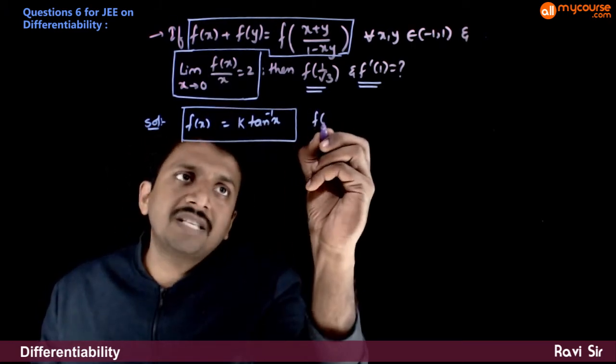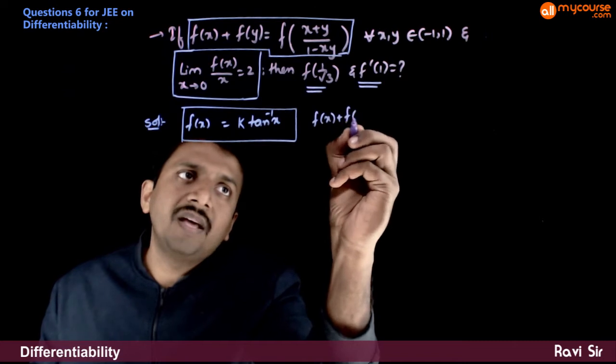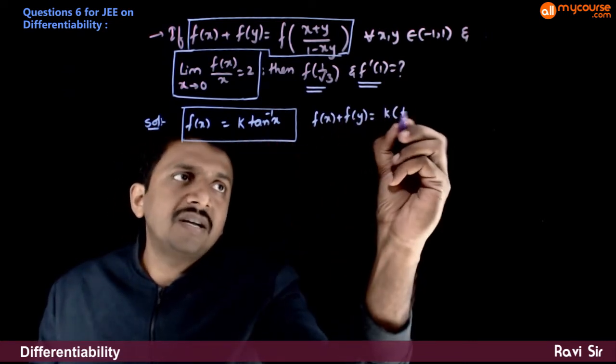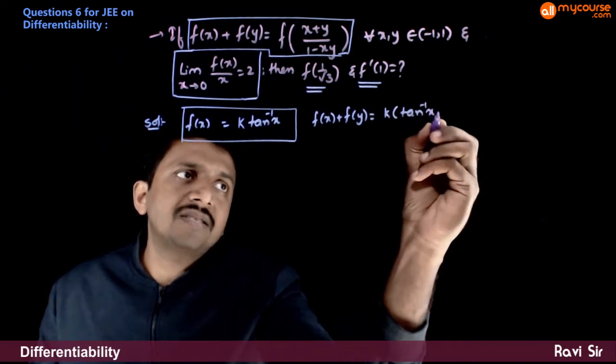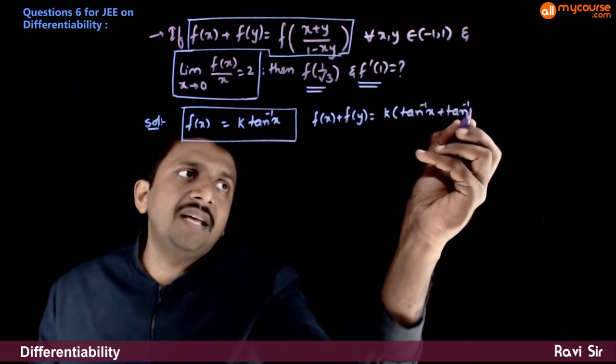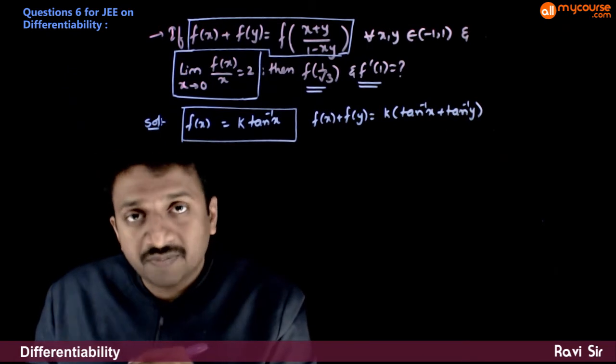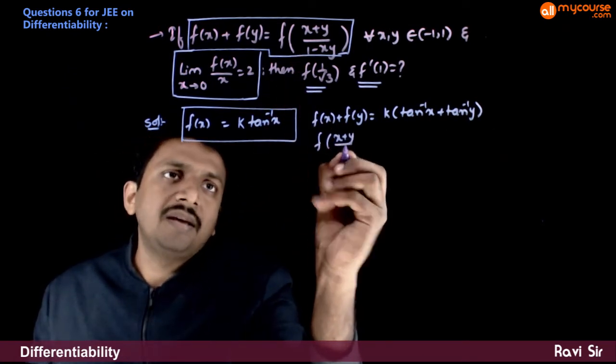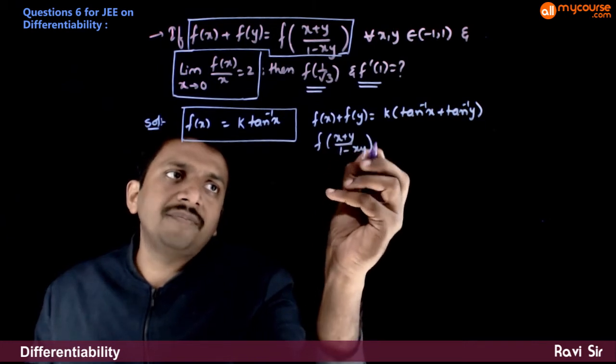So what is f(x) + f(y)? f(x) + f(y) is k times (tan inverse x + tan inverse y). And what is f((x+y)/(1-xy))?